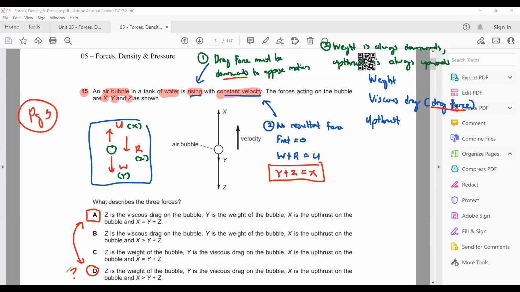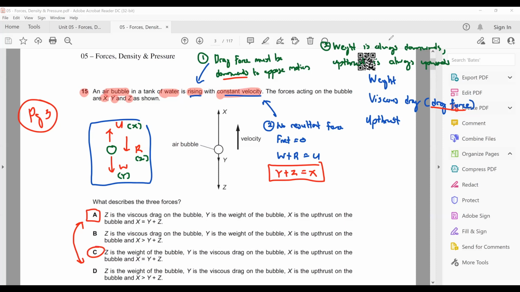Because there's no resultant force, so it cannot be that X is more than Y plus Z. Oh yeah, correct. Because there's no resultant force, X cannot be more than Y plus Z. Okay, so that one is okay. Your explanation is correct.